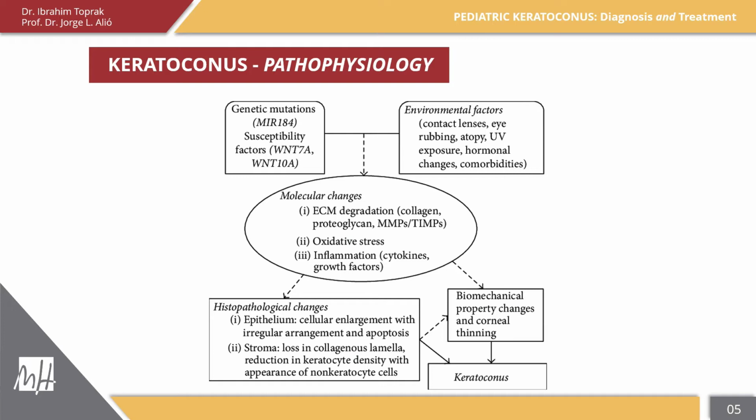These factors lead to molecular changes in cornea, such as extracellular matrix degradation, oxidative stress, and inflammation. Histopathological changes can be observed in epithelium and stroma. Finally, biomechanical properties of the cornea change and get weakened.